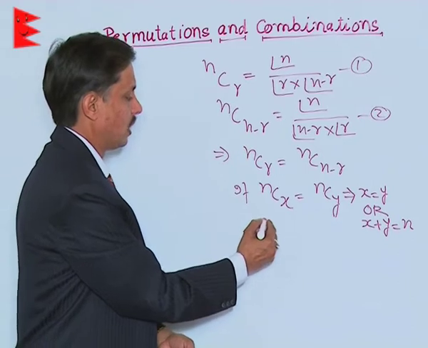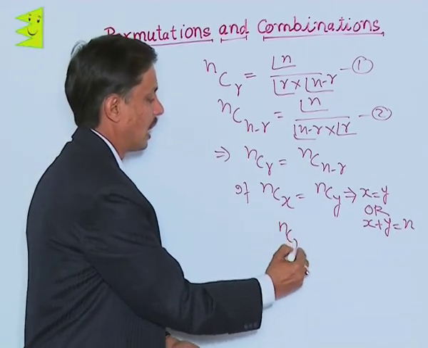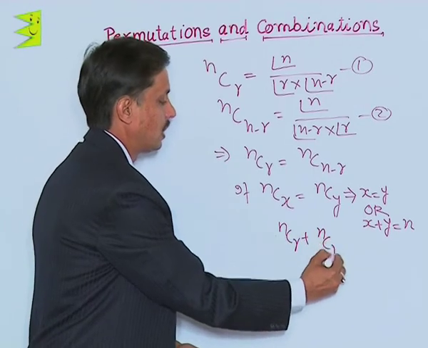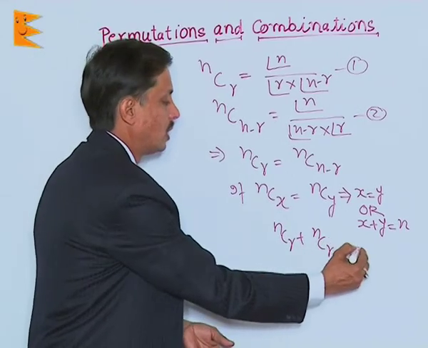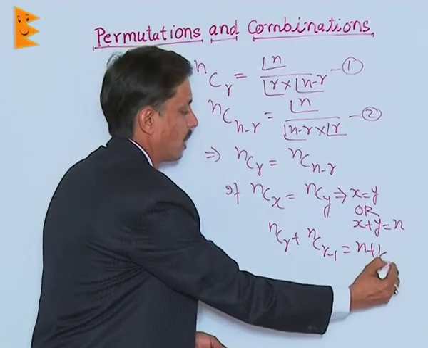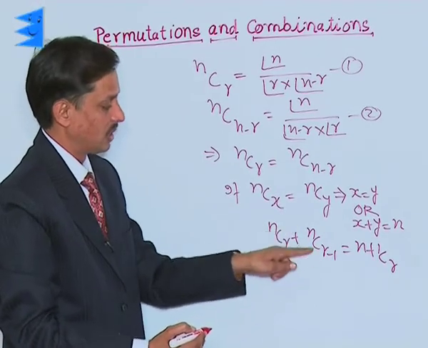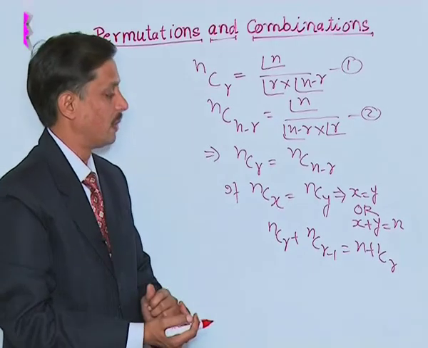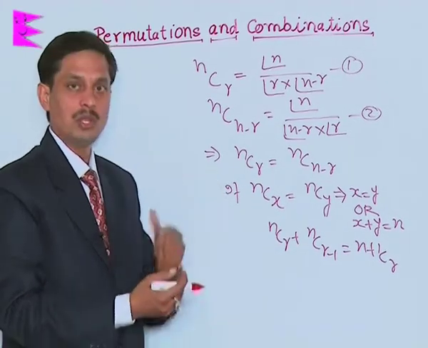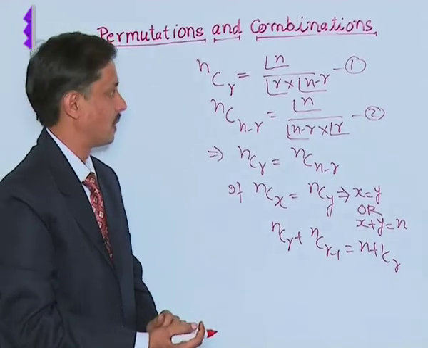Another property is that the value of nCr plus nC(r minus 1), after solving, comes equal to (n plus 1)Cr. So nCr plus nC(r minus 1) is equal to (n plus 1)Cr is one of the properties which we will use in solving the problems for combination.